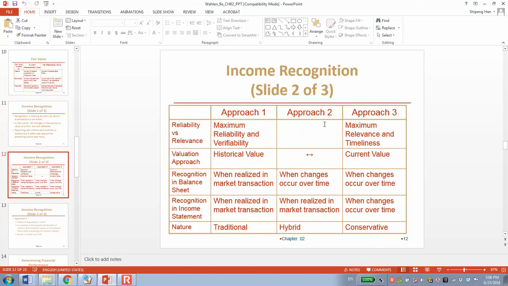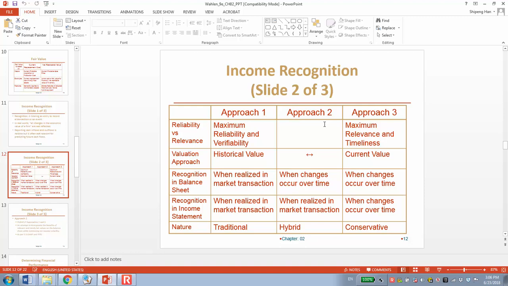Okay, there are three approaches, but we apply approach 2, which is a hybrid of approach 1 and approach 3. Similar to the balance sheet valuation, we also have three, right? But actually, we apply the mixture of both 1 and 3.